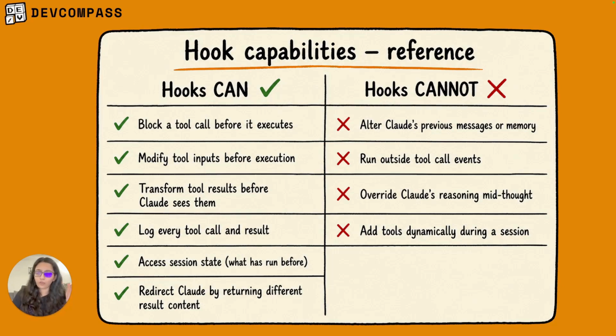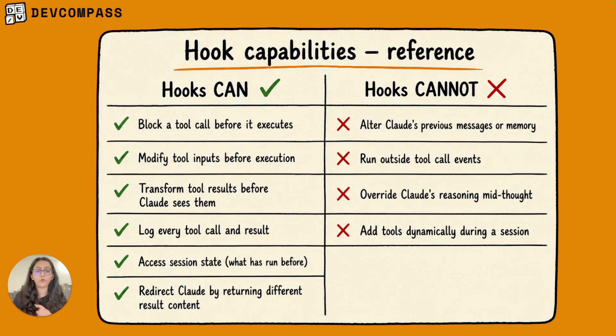In the right column, what hooks cannot do. They cannot alter Claude's previous messages or memory. Whatever is already in the conversation history when the hook fires stays exactly as it is. They cannot run outside the tool call events. There's no hook for Claude is about to generate a response or a user message just arrived. Hooks fire at tool boundaries, not anywhere else.